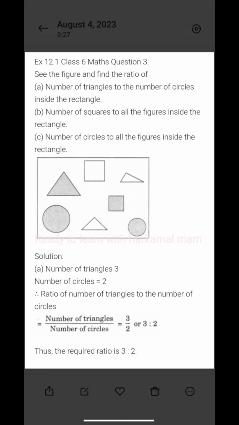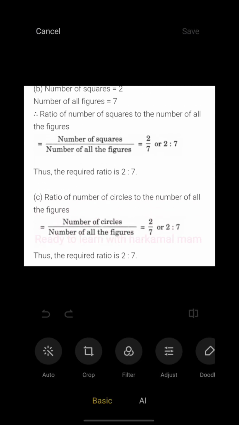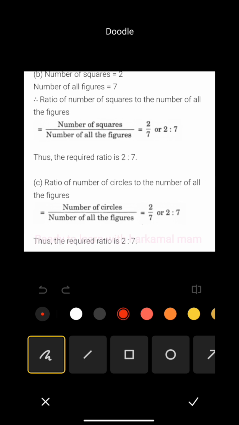So put the values here. The ratio of the number of circles to the number of all figures is equal to the number of circles divided by the number of all figures. The number of circles is 2 and the number of all figures is 7, so we get the answer 2:7.